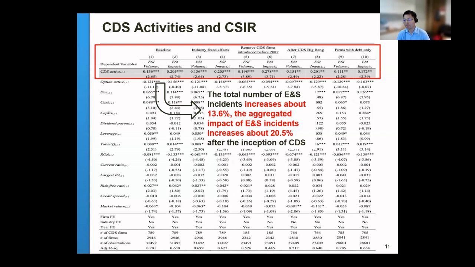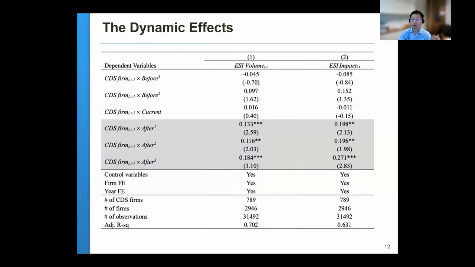This might support the channel presented before, so later on we are going to do further analysis to pin down the channels. We also do some robustness analysis, but due to time limits I'm not going to elaborate on them. Here we also look at the dynamic impacts before and after CDS trading.